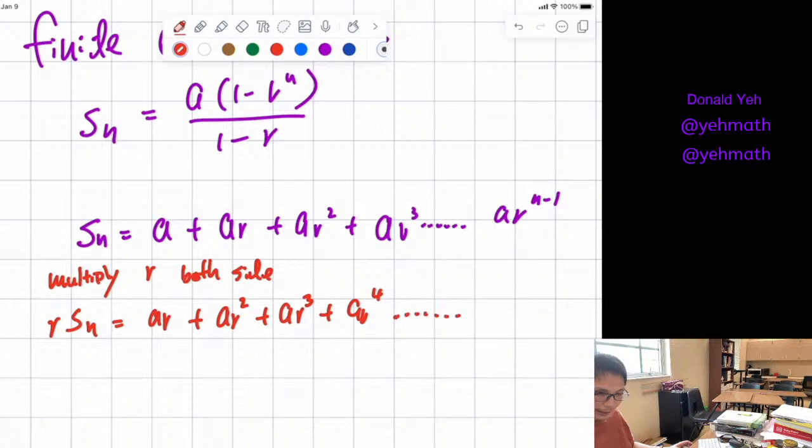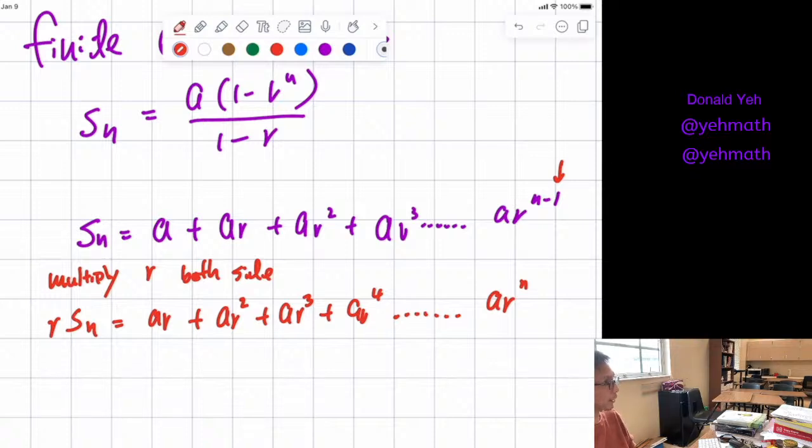And dot dot dot, but if I multiply by r, I got rid of this -1. Does that make sense? So it'll be a to the r. I stop at a to the rn, because I multiply by amount of term and I multiply by r, and that is gonna stop right before that, because r times r to the -1 is equal to 1. Is that okay?